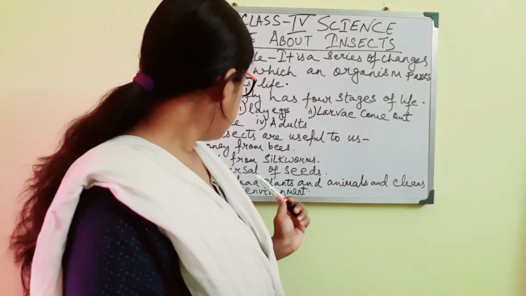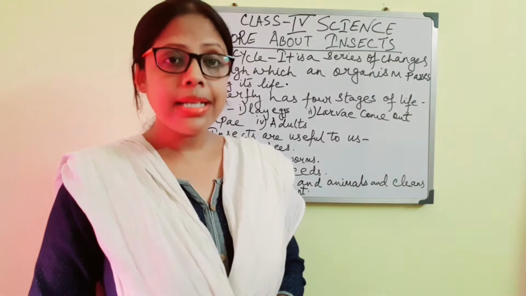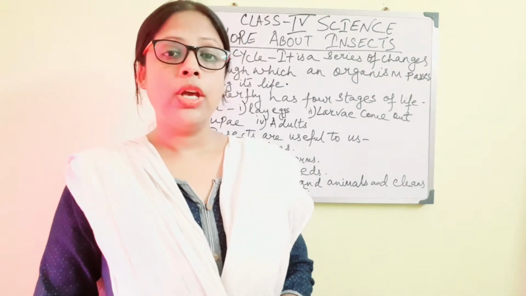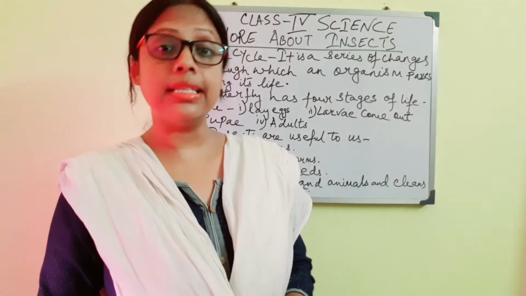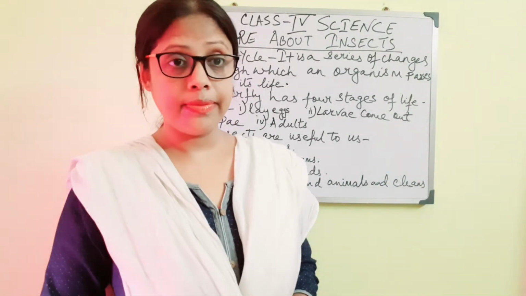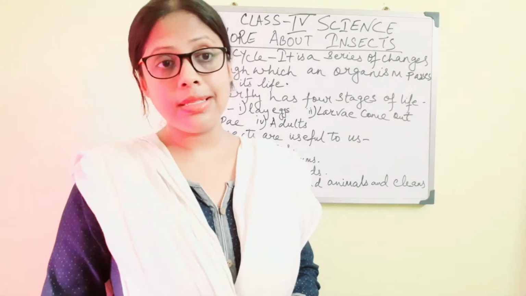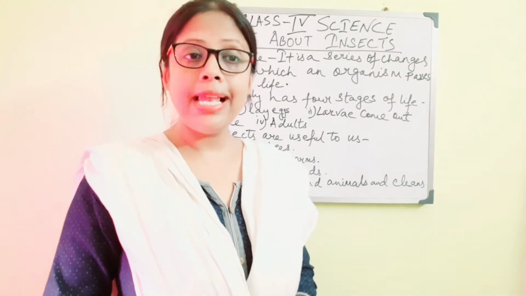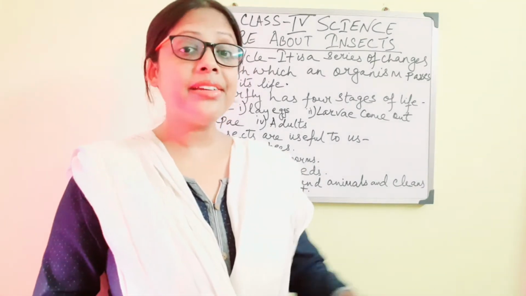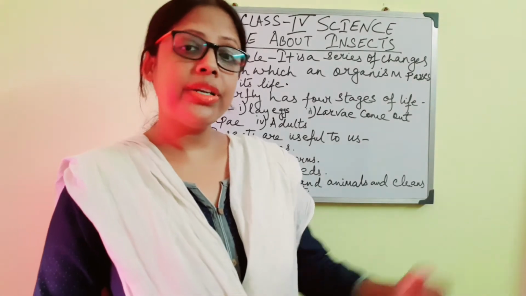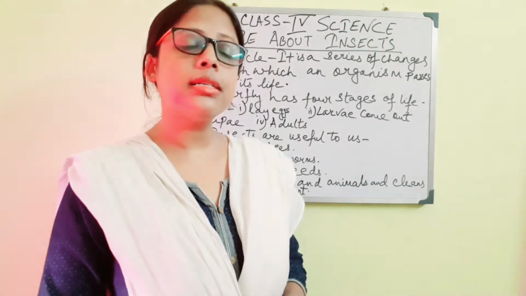So, the third usefulness of insect is there are different insects who help us in the dispersal of seeds of plants. So they feed on certain fruits of the plants and they help us in dispersing the seeds, means scattering the seeds to different places. And what happens when these seeds are scattered?